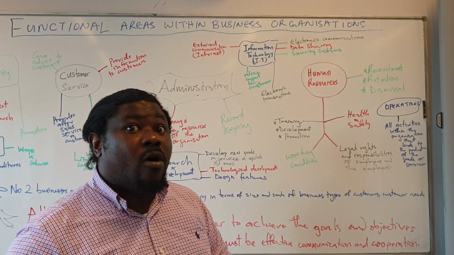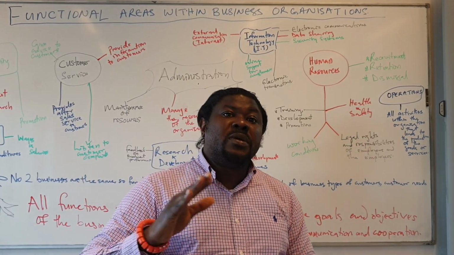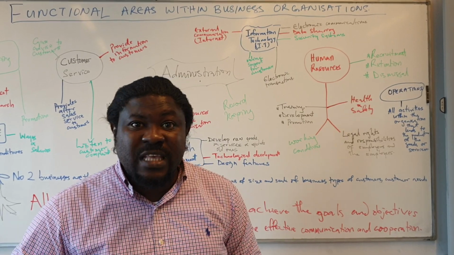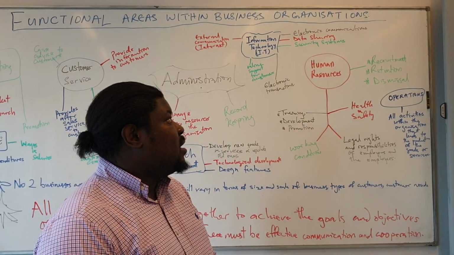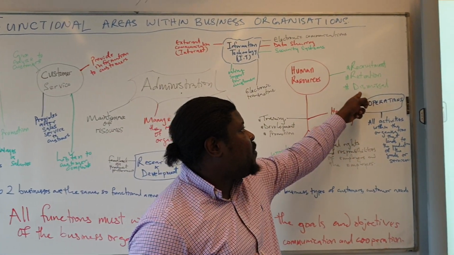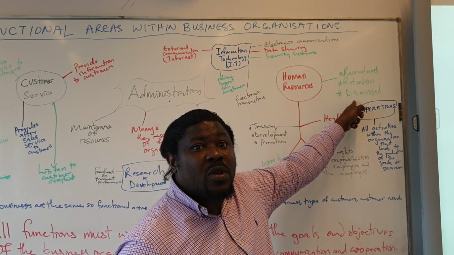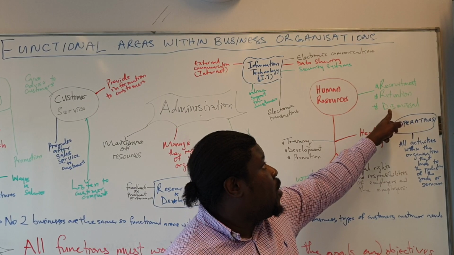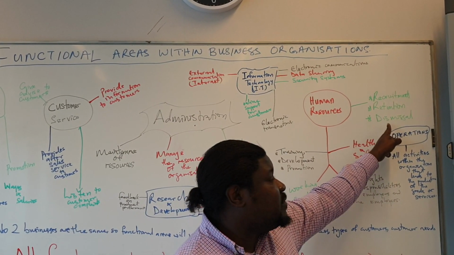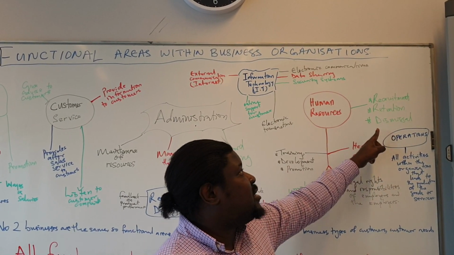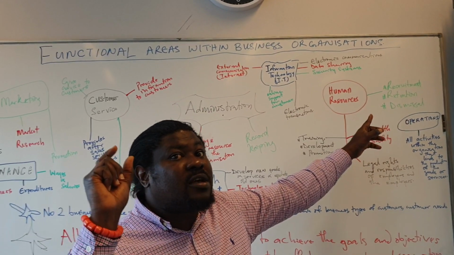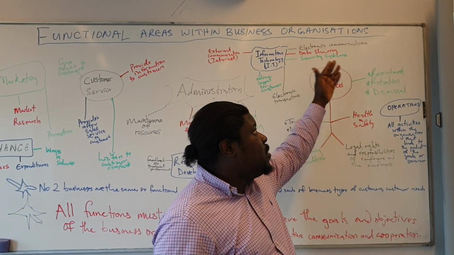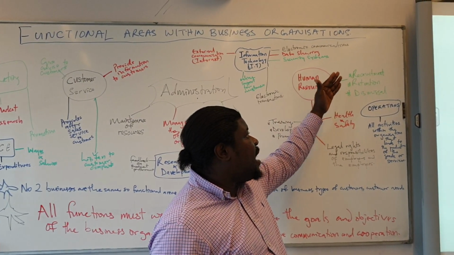On the other hand, there is also retention of old staff, who stay within the organization, as well as staff who fail to comply with the organization's goals and objectives, who may be dismissed. So, ladies and gentlemen, key functions of the HR department: recruitment, retention, and dismissal of staff.